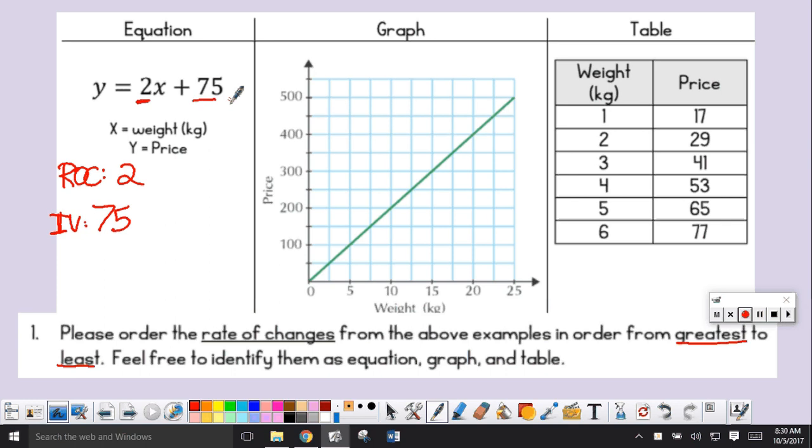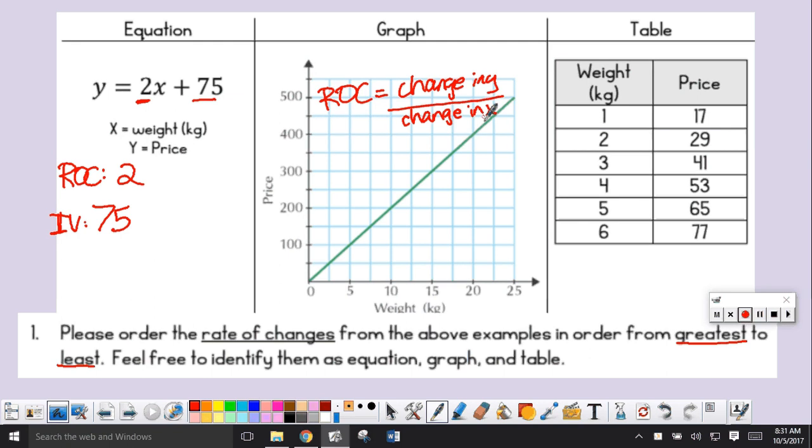That's pretty easy. Then I look at my rate of change and initial value for the graph. Okay, I pick any 2 points, and my rate of change will be the change in y value divided by the change in x values. Okay?